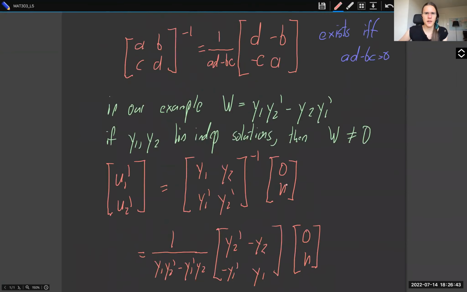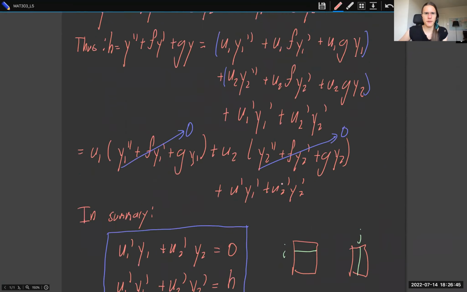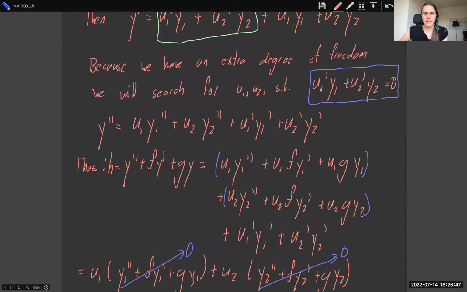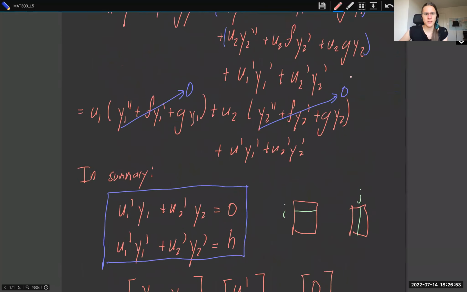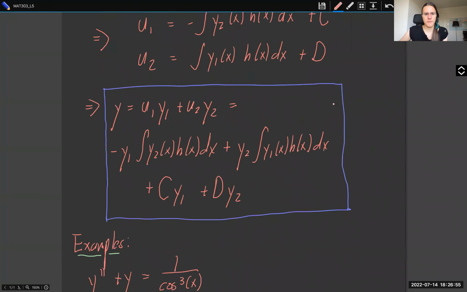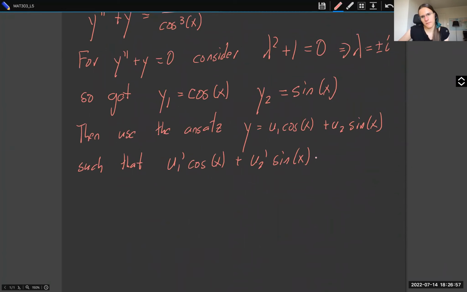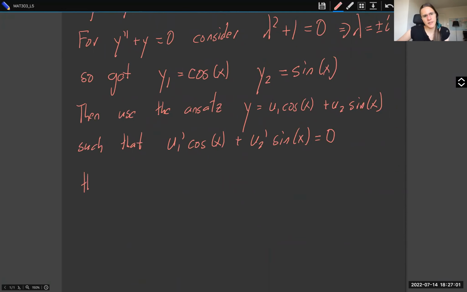One second, let me just see if I'm writing the right thing. The thing that we're assuming is 0 is this expression with the original things.